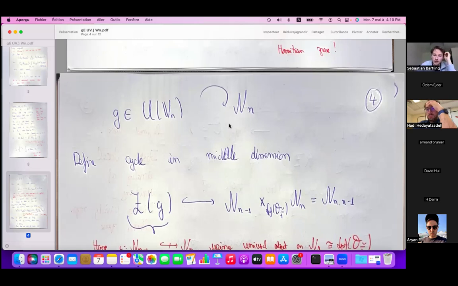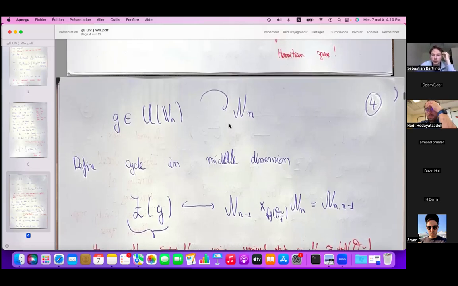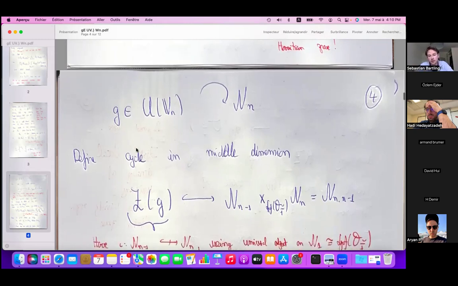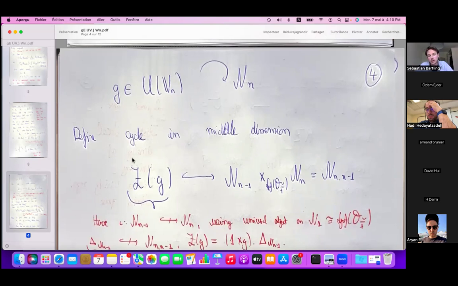And this action I will use to define a certain cycle that I want to then intersect in a certain way. So let's take a priori just any element in this unitary group. Then we can define a cycle sitting in middle dimension as follows.